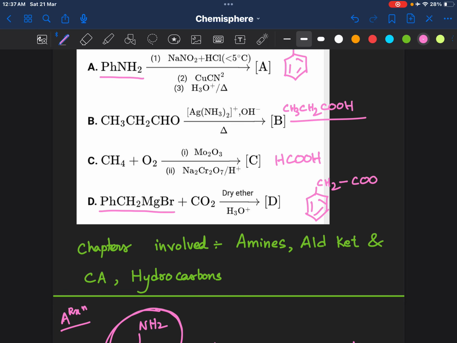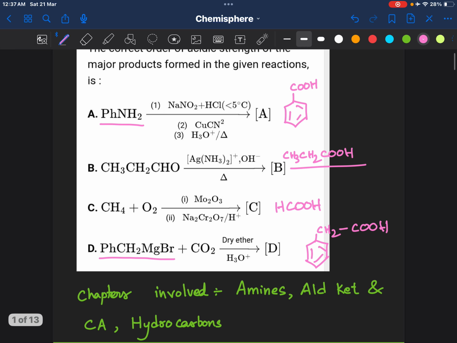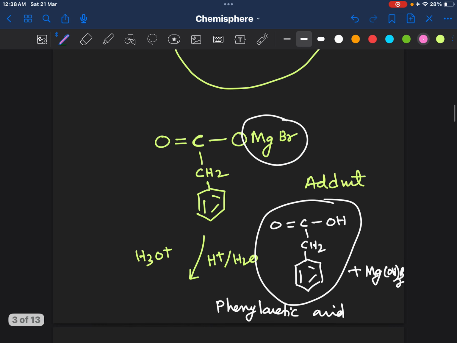CH2, C double bond O, H. Okay, so these are A, B, C, D. So let's write them down separately so that we can compare them.